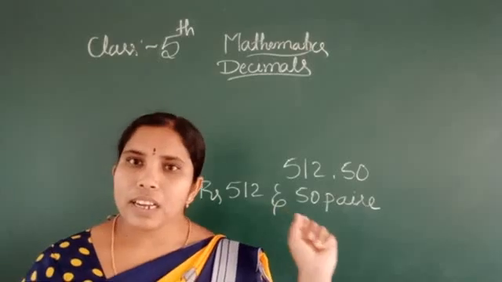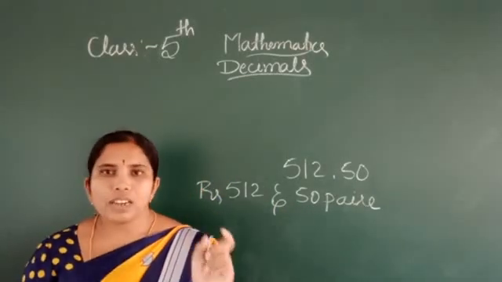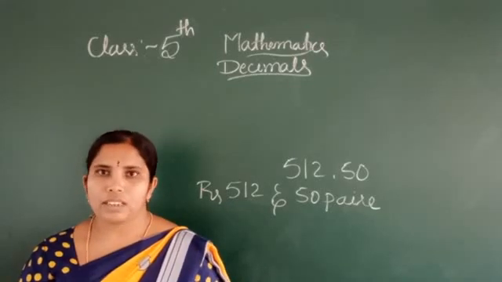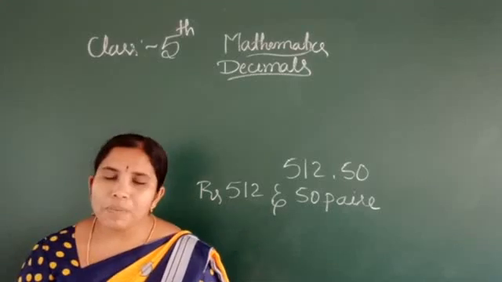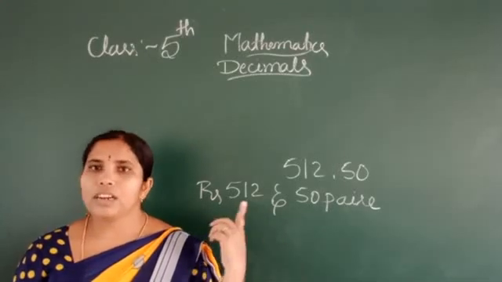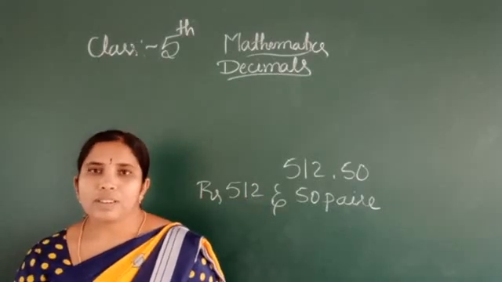Definition of decimal: Decimal is a fraction number, with denominators 10, 100, 1000 and so on.